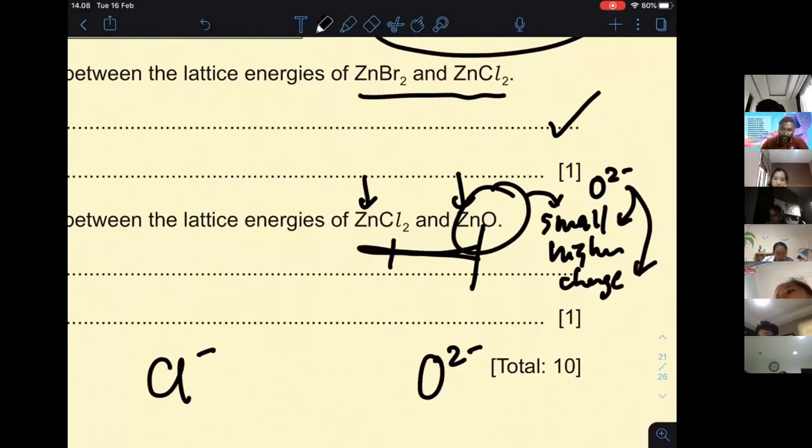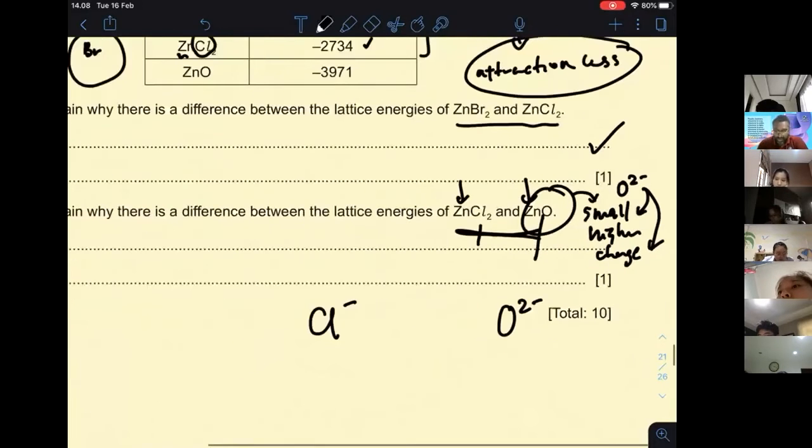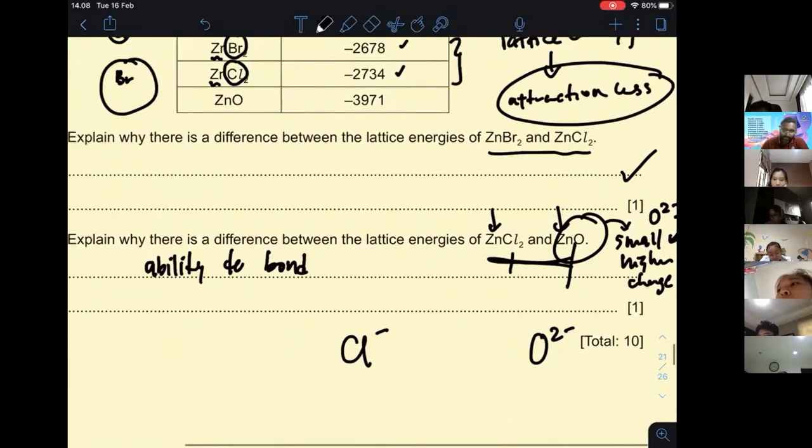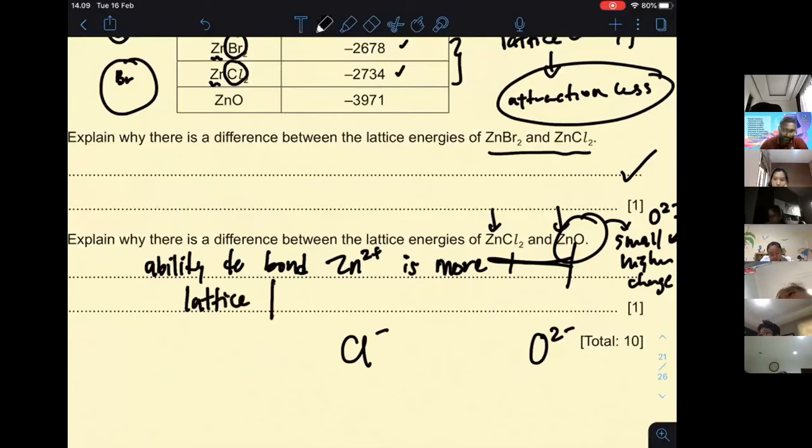Because they are small and have a higher charge, the ability to bond with zinc is more, therefore the lattice energy will become bigger. Which one will be bigger, zinc chloride or zinc oxide?